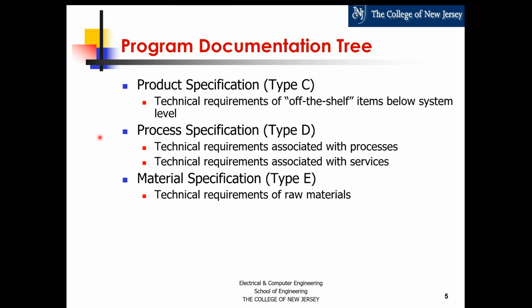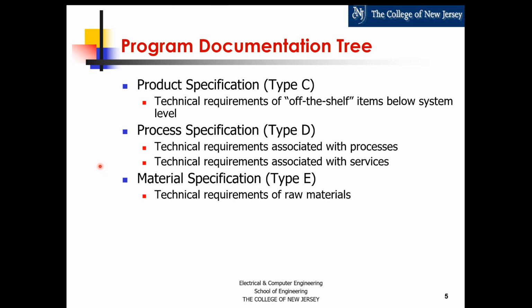Then again, the Type D specifications are associated with processes that take place as part of bringing the system into being. But this specification also lends itself to specifying technical requirements associated with services.